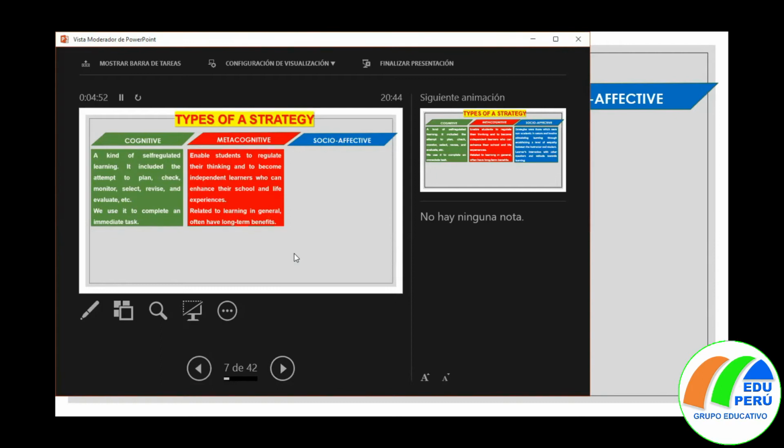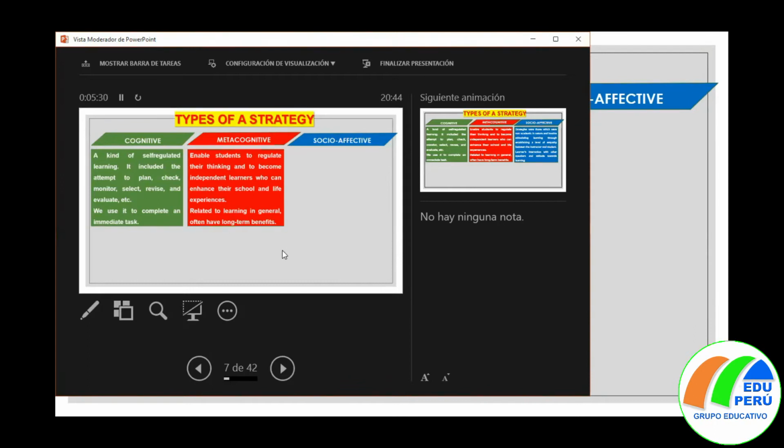Notice, this reflection enables the students to regulate their thinking and to become independent learners who can enhance their school and life experiences. Enhance is to improve, to increase also. So these kinds of strategies enable the students to regulate their thinking because they are going to reflect. They are going to think if it was good or bad, what did I do?